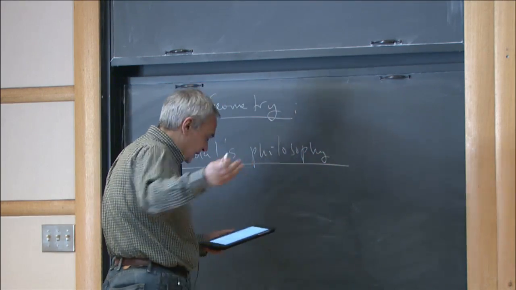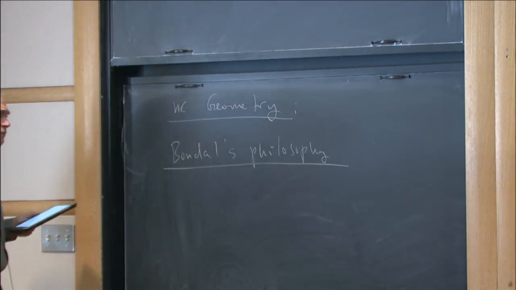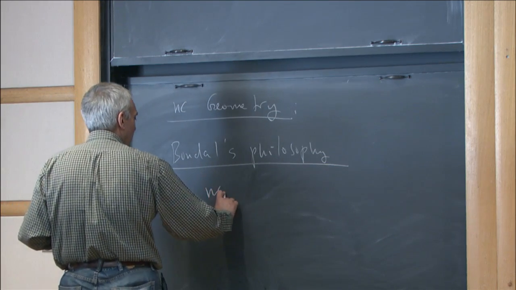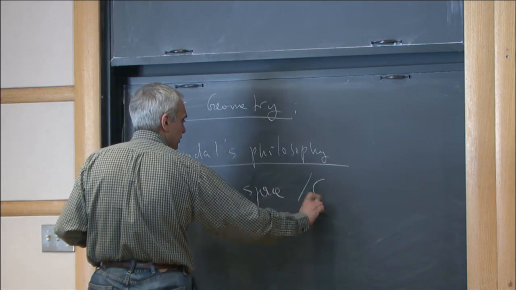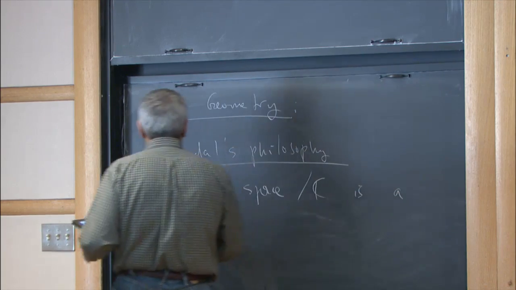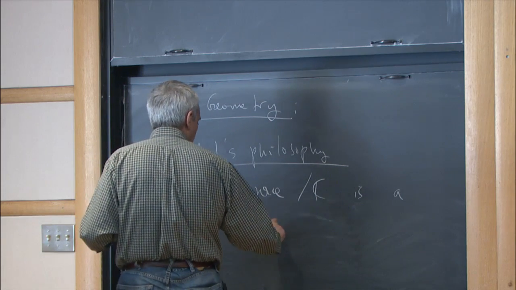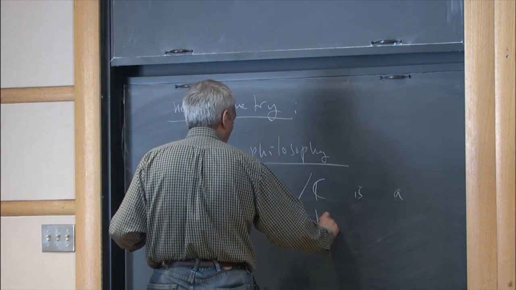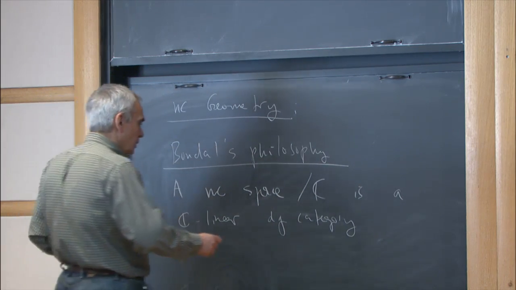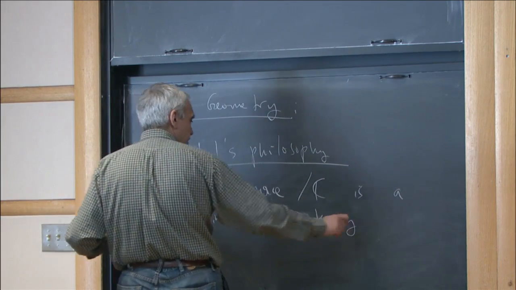Which says that a categorical non-commutative space, I'm going to do everything over the complex numbers or over a field of characteristic 0, is just a C-linear triangulated DG category that has all colimits.